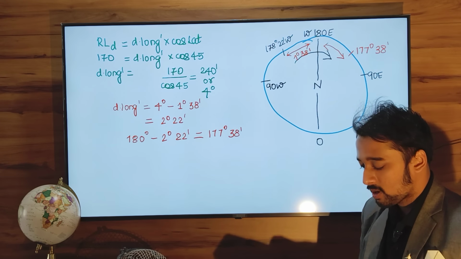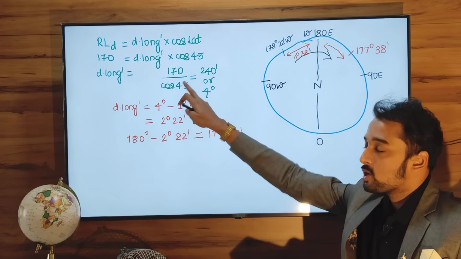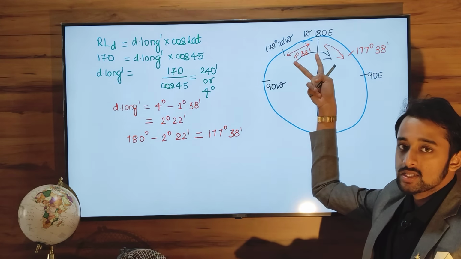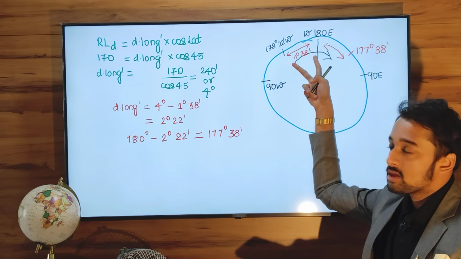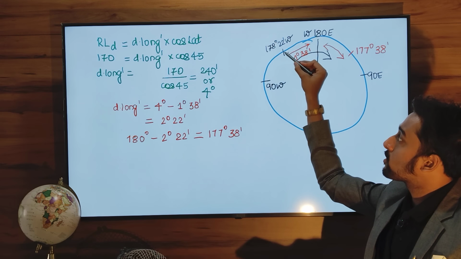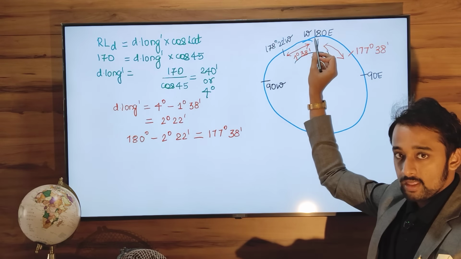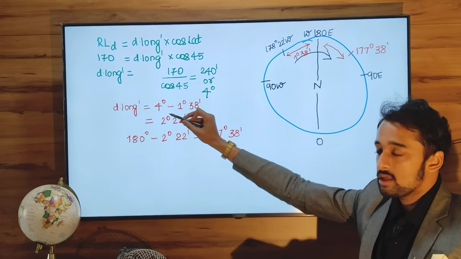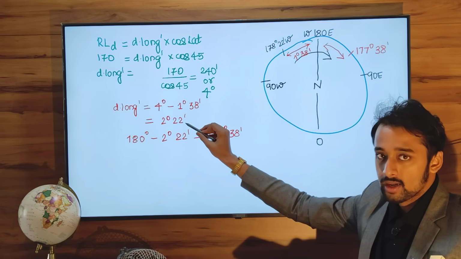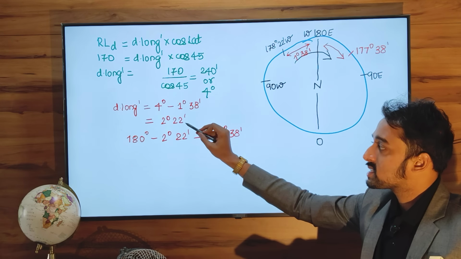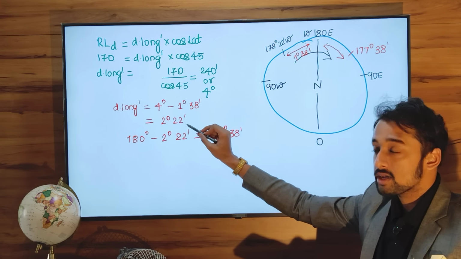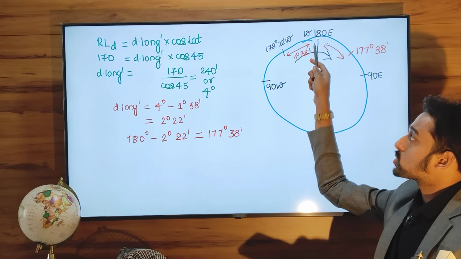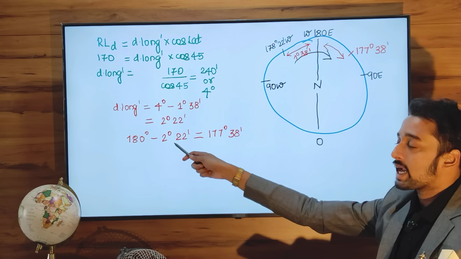Out of the total d long of 4 degrees between the two longitudes, 1 degree 38 minutes were traveled, going from 178 to 180. We have subtracted that much from the total, and this much angular distance remains. This much will be covered when you continue traveling westerly. And why have you subtracted that from 180?